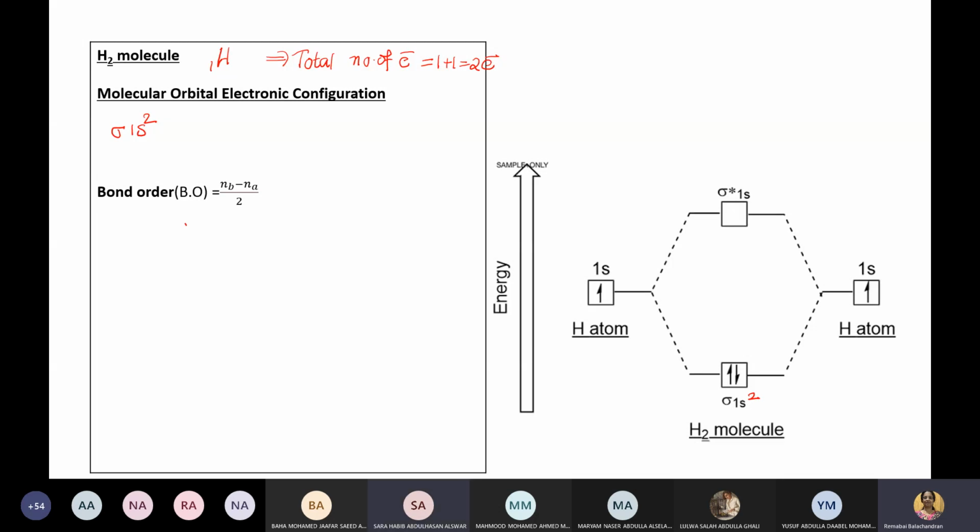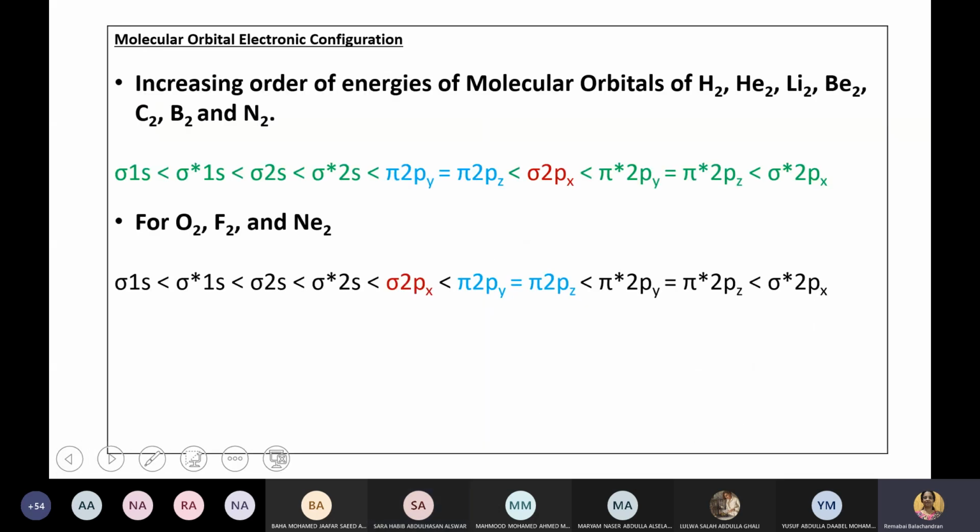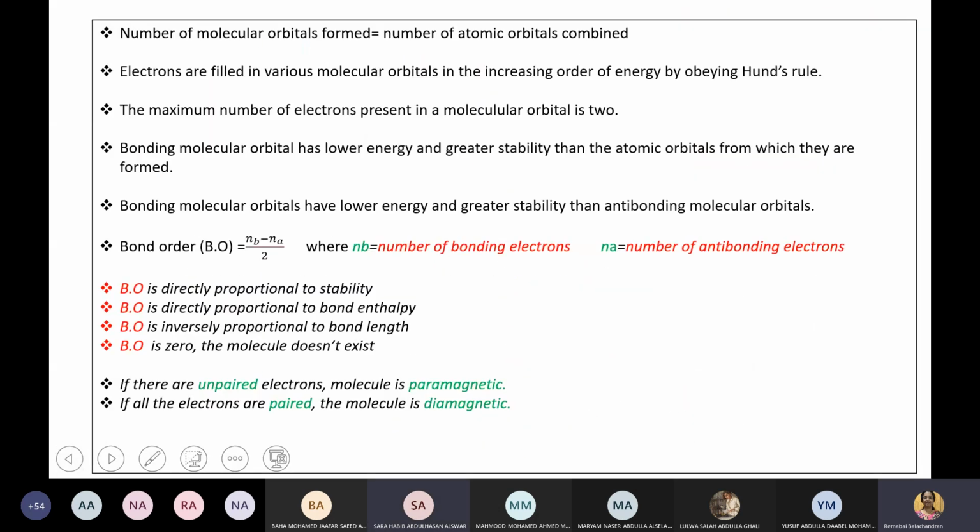Bond order is equal to Nb minus Na over 2, where Nb is the number of bonding electrons and Na is the number of anti-bonding electrons. If there are unpaired electrons, the molecule is paramagnetic. Unpaired means it's like this. See, this is unpaired.